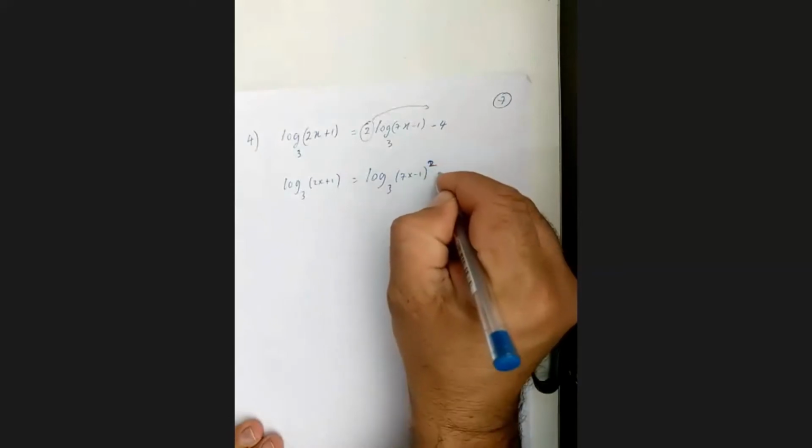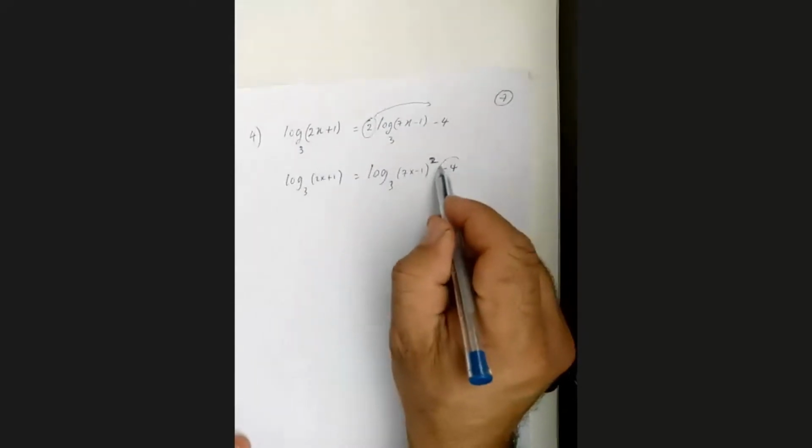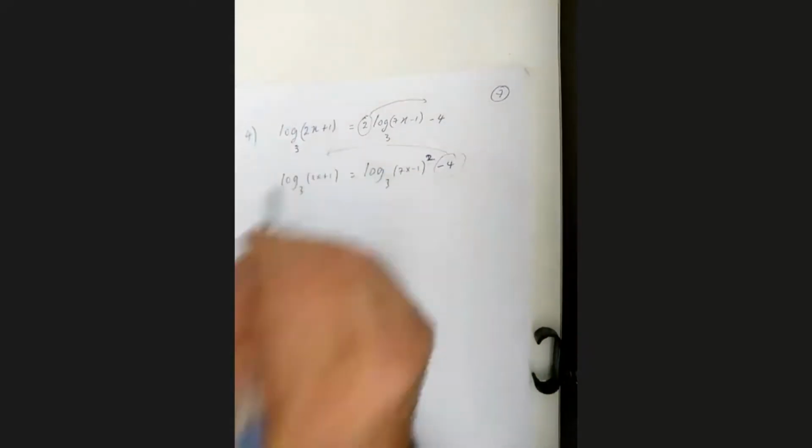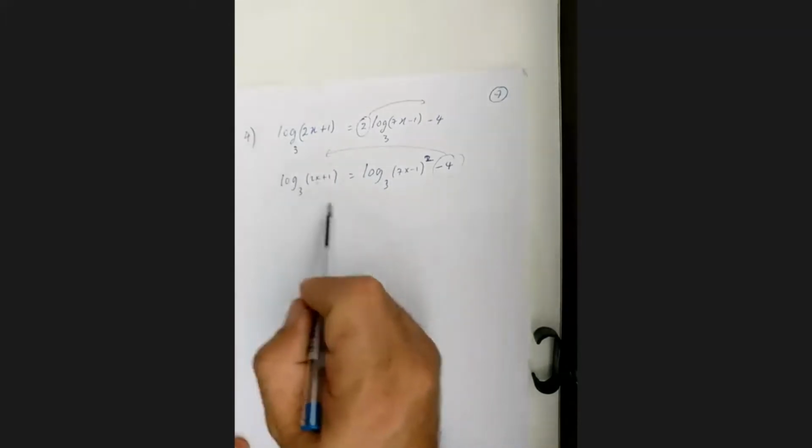So this is 2, sorry. Now, I am going to move that 4 to the left-hand side and take that logarithmic expression to the right-hand side.